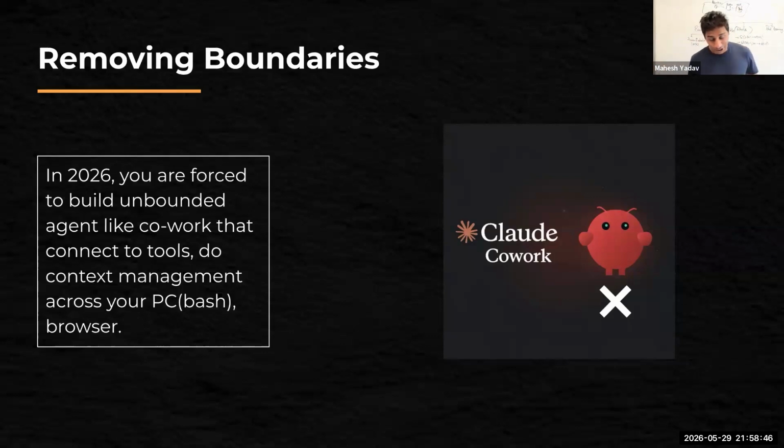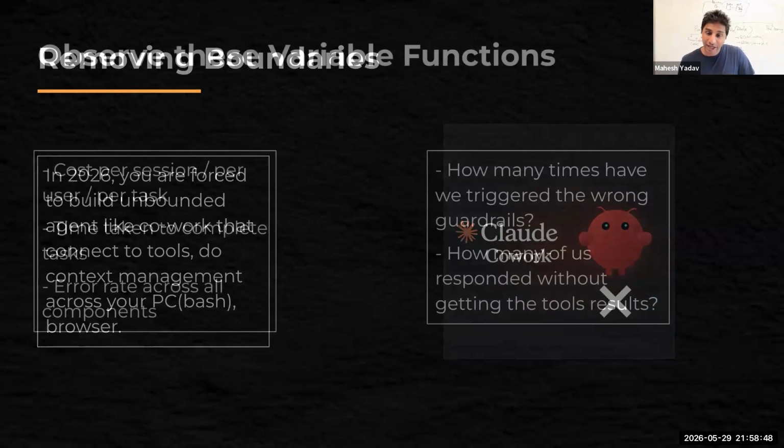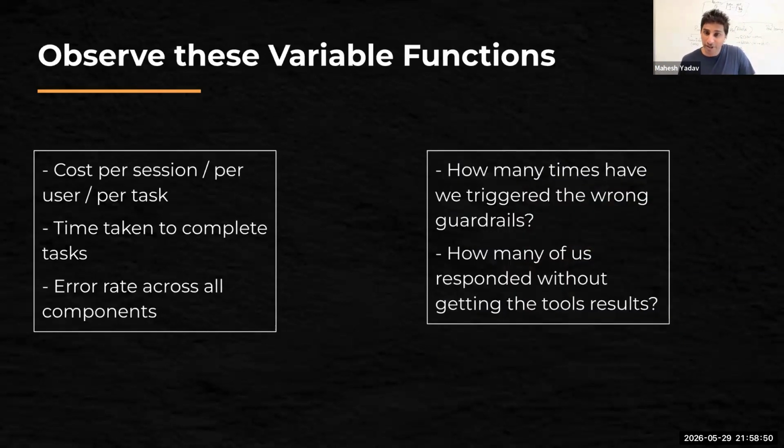Okay, then if you remove the boundaries, what do you need to observe? You need to observe cost per session, per user, per task, time taken to complete tasks, and error rate across all components. Last year, if you asked me, Mahesh, I'm setting evaluations, do you want me to just evaluate input and output?